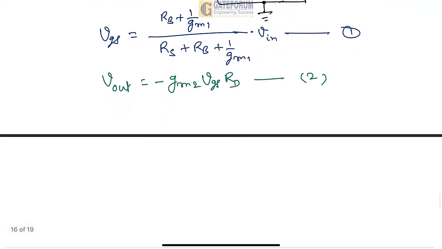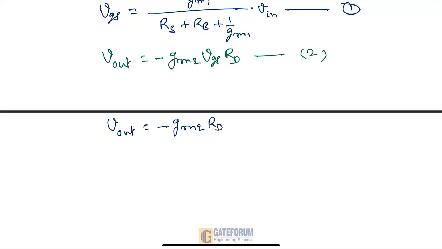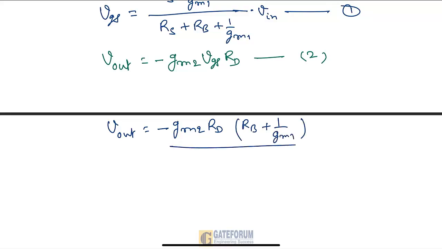Then Vout = -gm2 RD times (RB + 1/gm1) / (RS + RB + 1/gm1) times Vin.